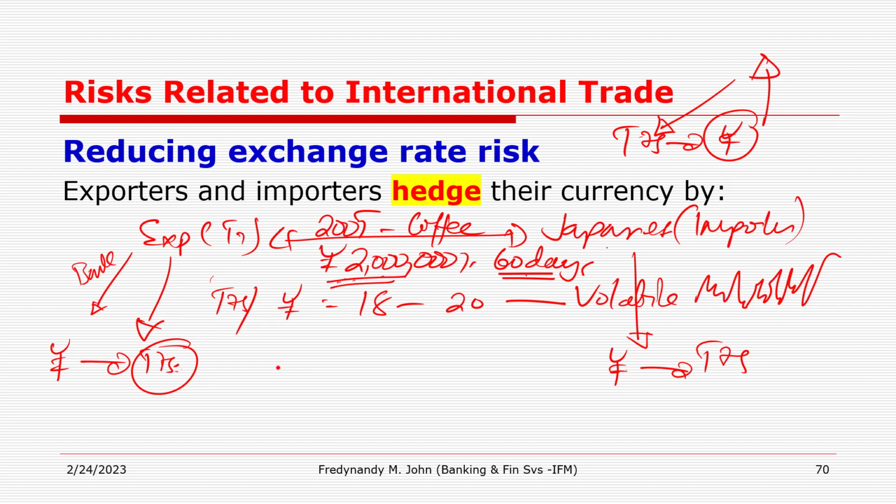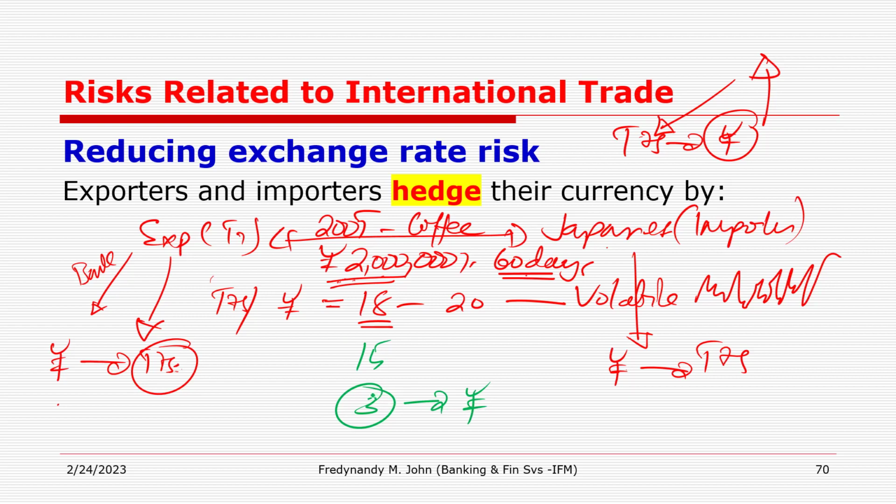Again, if the exchange rate is not in his favor, for example, on the date they signed the deal the exchange rate was 18, and now 60 days later the exchange rate is 15, it means the Tanzanian exporter is going to lose 3 shillings for every single Japanese yen.